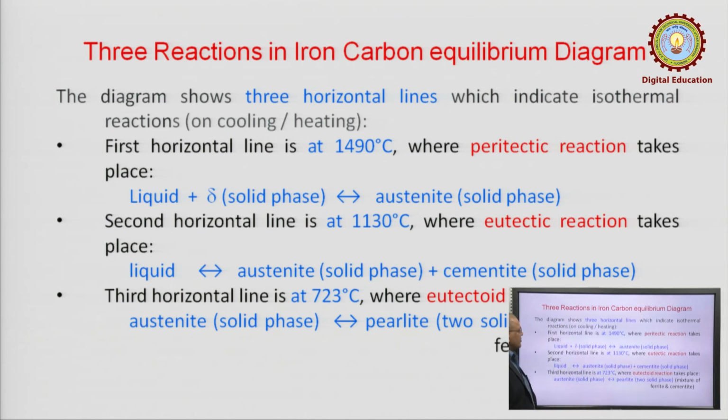That point I have shown there, the peritectic point. So, similarly there are three very important points: the eutectic point, the eutectoid point and the peritectic point. At these points, reactions mean how the different phases transform on cooling or heating into different phases.